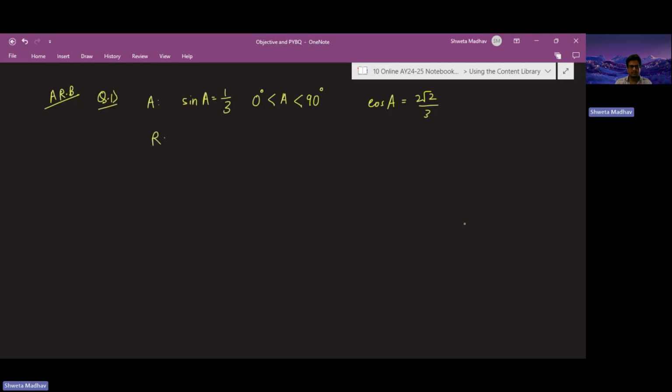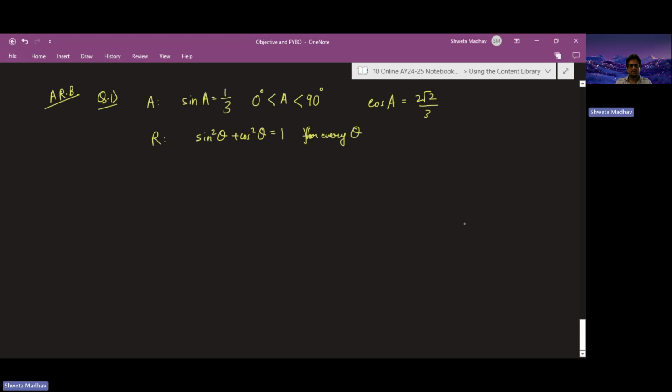And the reason is given as: for every angle theta, sine square theta plus cos square theta is equal to 1.